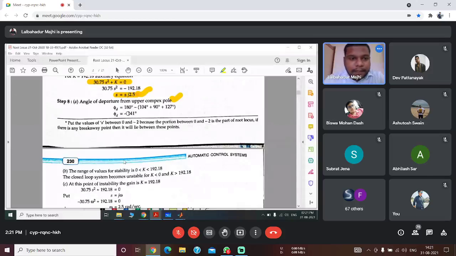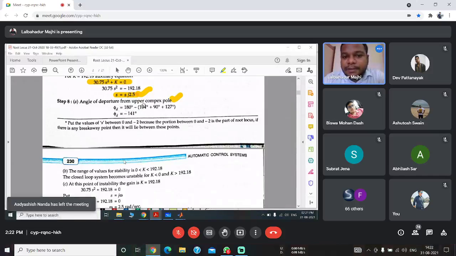The angle of departure from the complex pole is calculated by this formula. Phi d is equal to 180 degrees minus the angle contribution by the other poles.